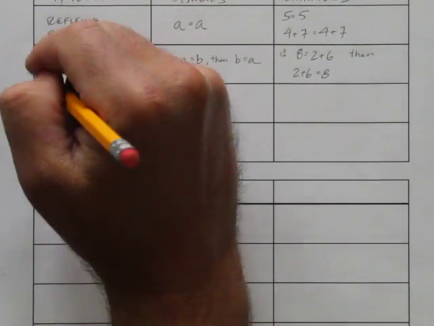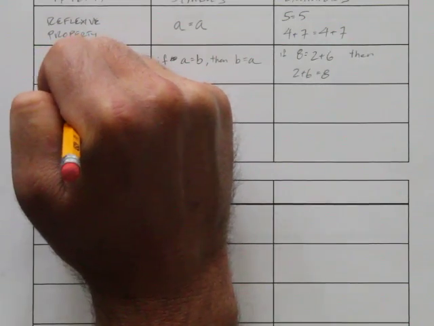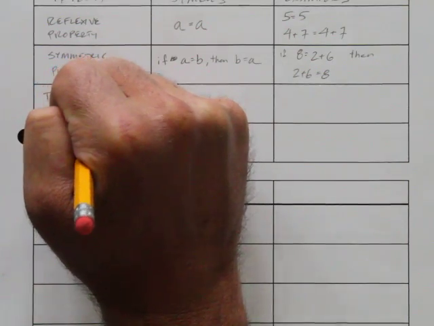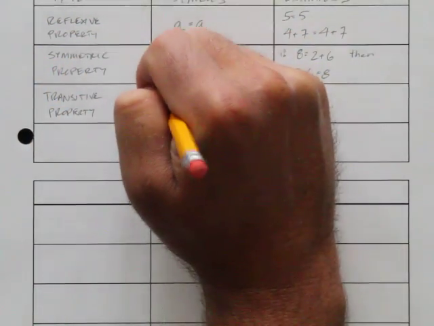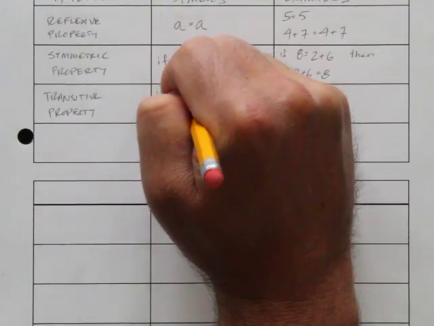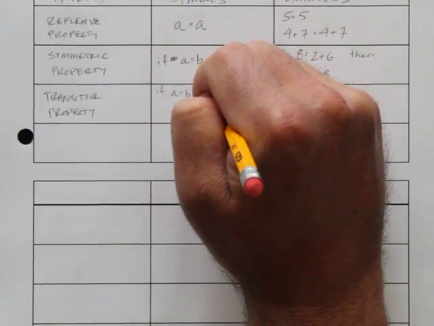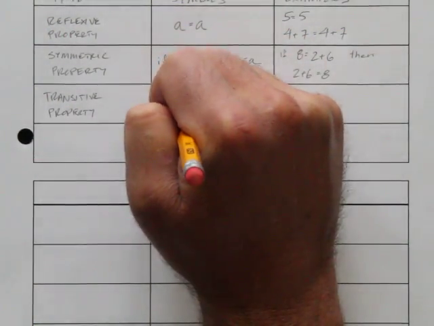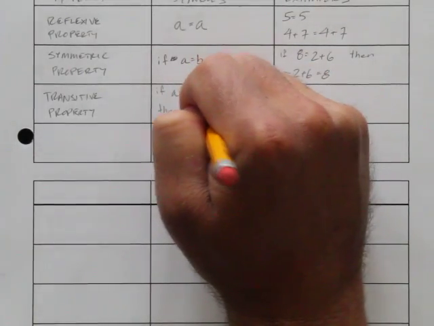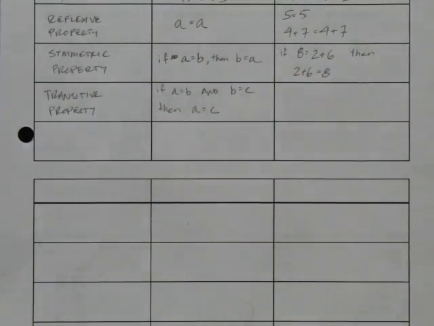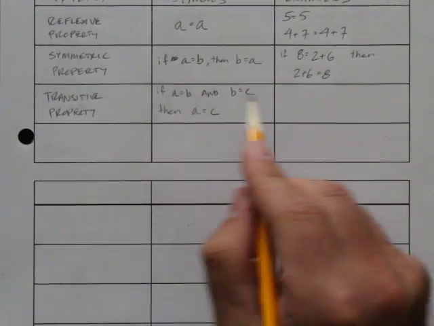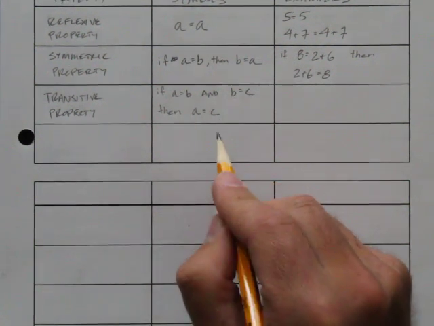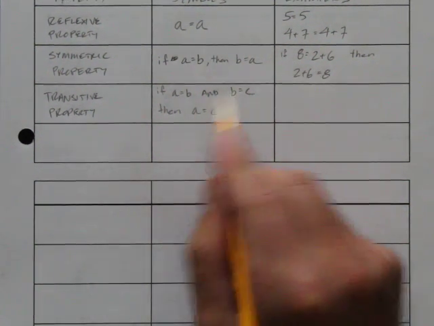How about transitive property? Now this says if A equals B and B equals C, then A equals C. So if A and B are equal and B and C are equal, that means that A and C are equal as well, because they both equal B and they're all equal.